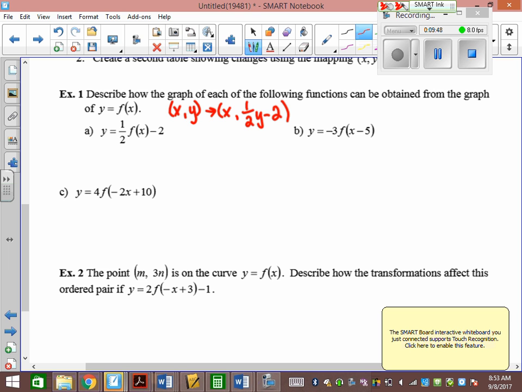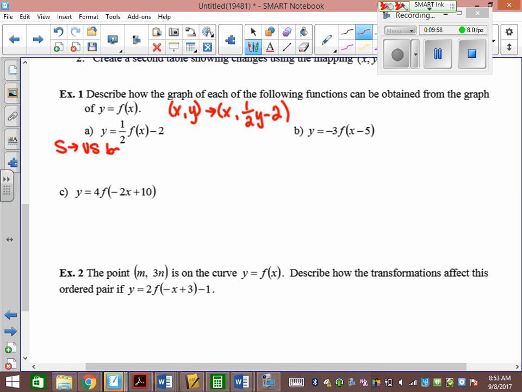Some people find if you do the mapping, it's easier to say what happened, because whatever the mapping is is what actually happened, right? So we have a stretch. It's a vertical stretch by a factor of 1/2, because this is what we're doing to the variable, right? We're multiplying it by 1/2 about the x-axis.